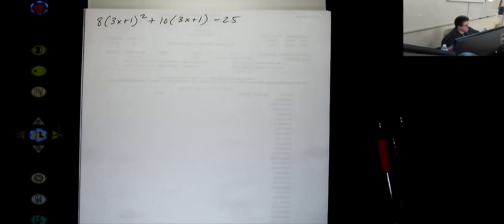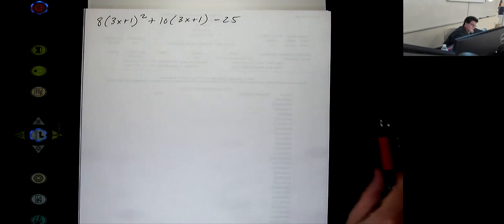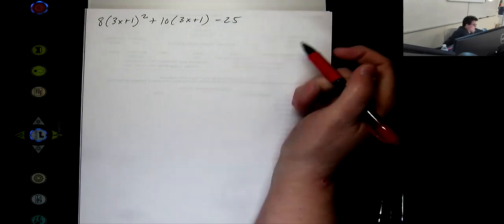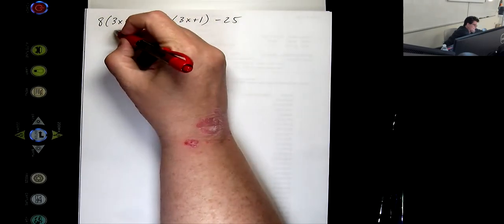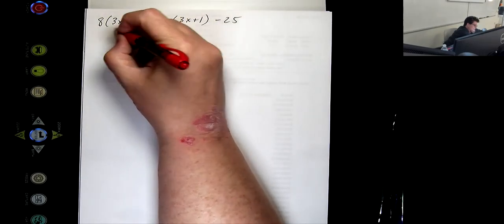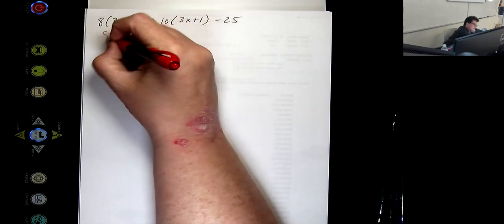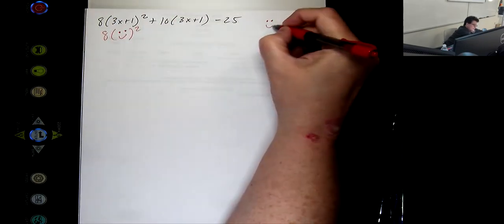All right, so we have two options. We can multiply all this out, gather it all together, and then try to factor it. It will work. The other idea, which I would encourage because it's a lot quicker, is to call this a smiley face, call that smiley face squared, where smiley face is 3x plus 1.